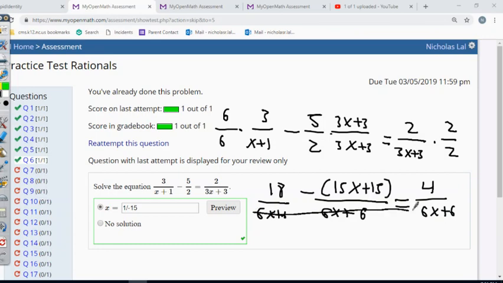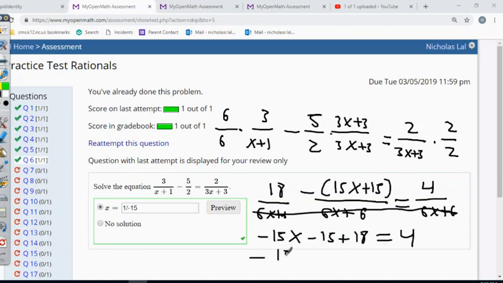Now I have a common denominator, we can cancel that out. So negative 15x minus 15 plus 18 is equal to 4.